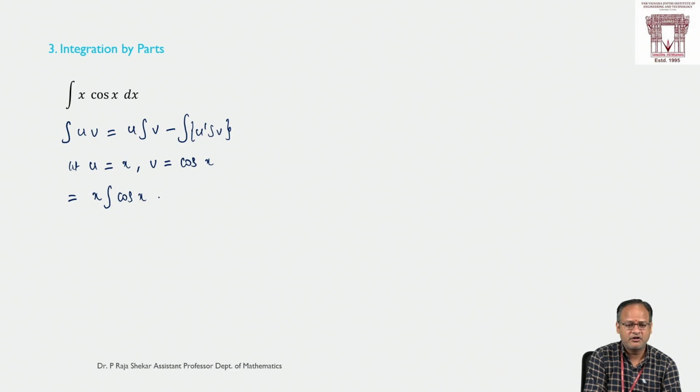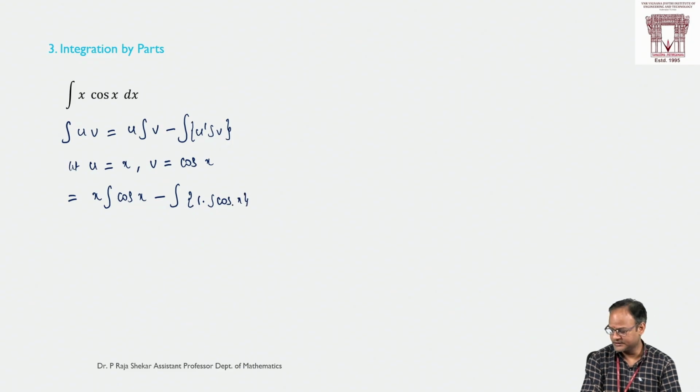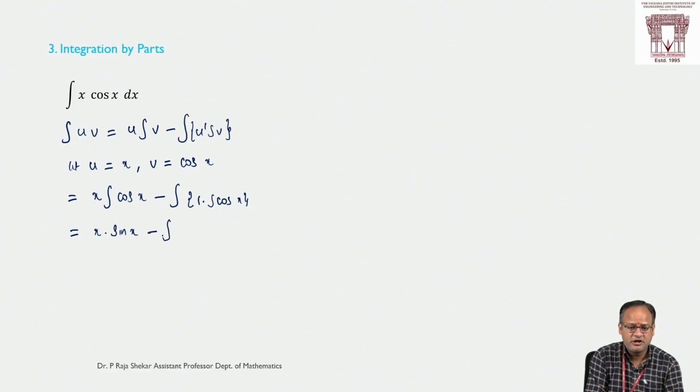So x into integration of cos x, minus integration of derivative of u. Derivative of u is 1, and integration of cos x. So it is x into integration of cos x, which is sin x. So first term as x into sin x, minus integration of cos x is sin x.